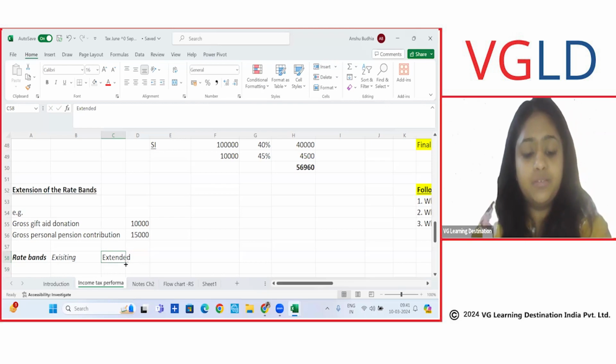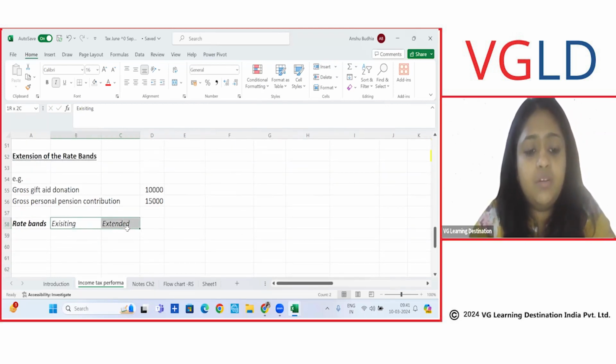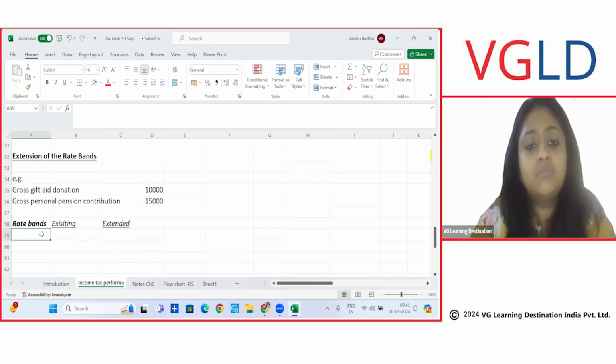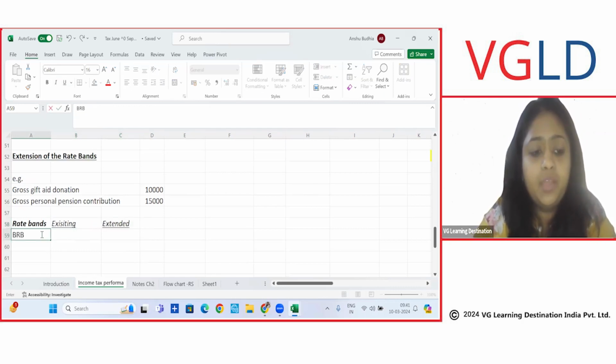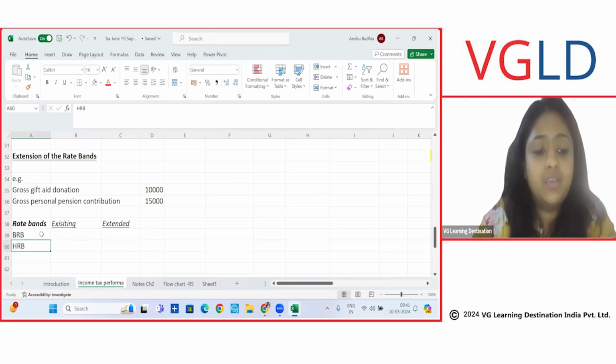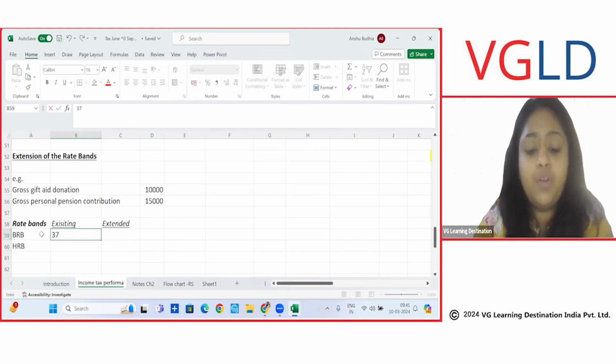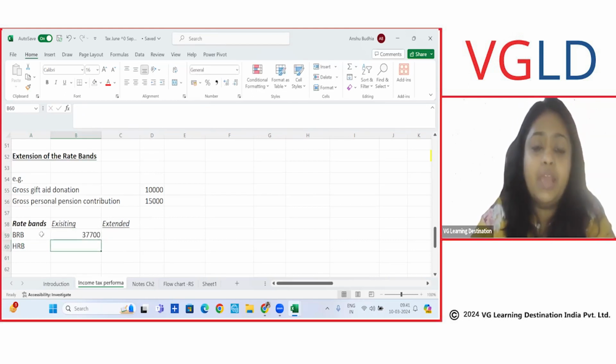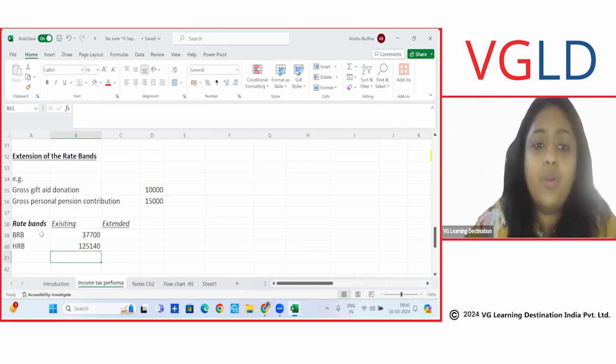Please focus on my screen. What are your existing rate bands? The BRB and HRB. These two rate bands we take because ARB doesn't have upper limits. BRB has got the upper limit of 37,700. HRB has got the upper limit of 125,140. Are you all with me till this point? Anybody who's not with me, type it in the chat box.